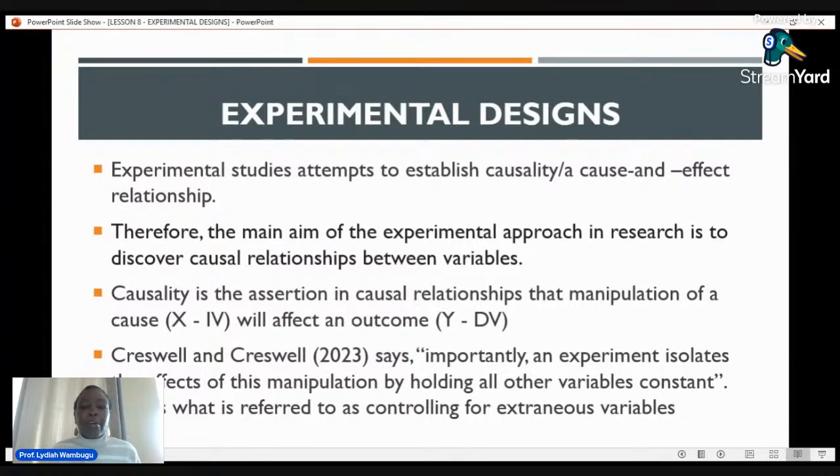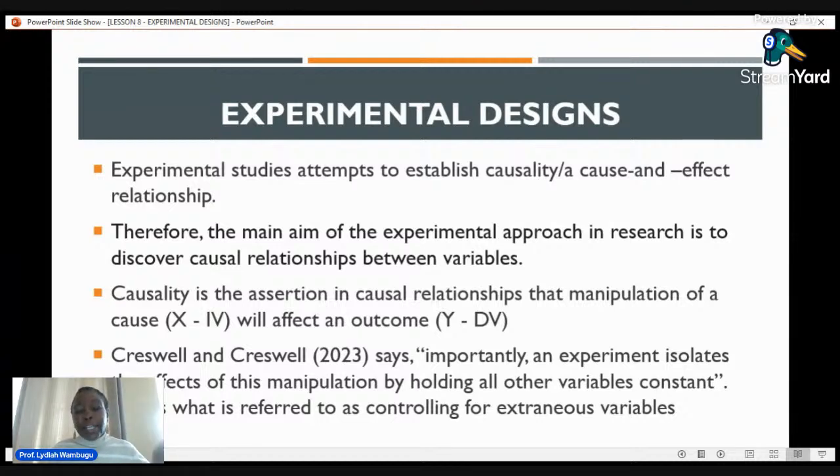So the main aim of experimental research is to discover causal relationships between variables. And by causal relationship, it means X causes Y.